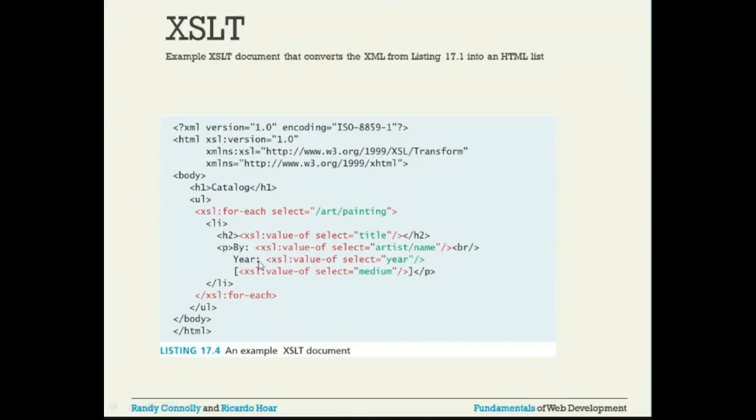Then year colon, value of select year. Then we have value of select medium, what kind of medium is used for that particular painting. Then this is the closing of the li element.